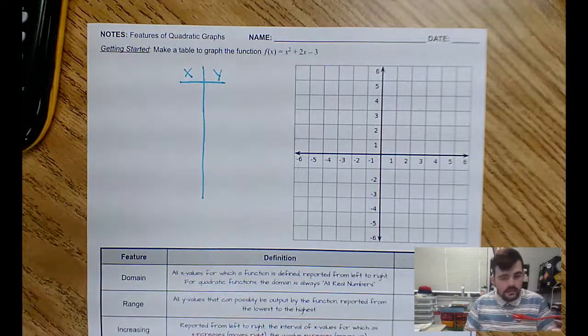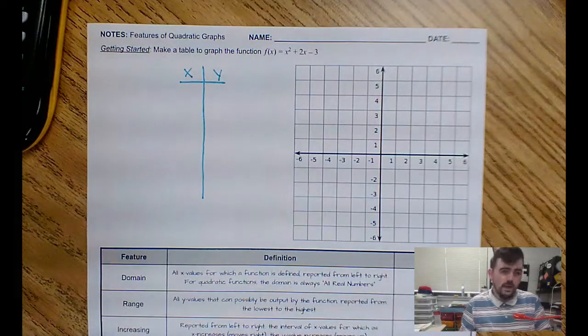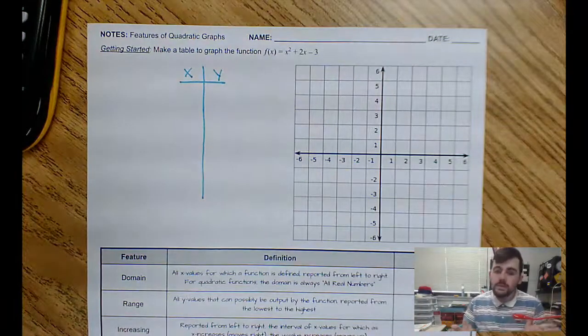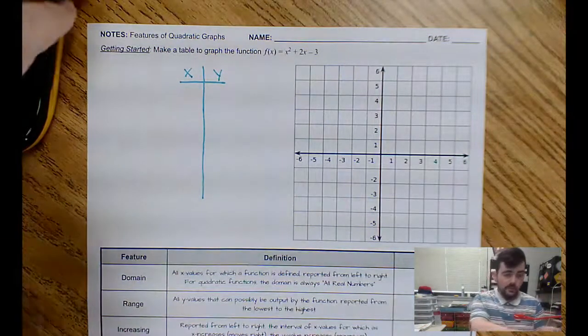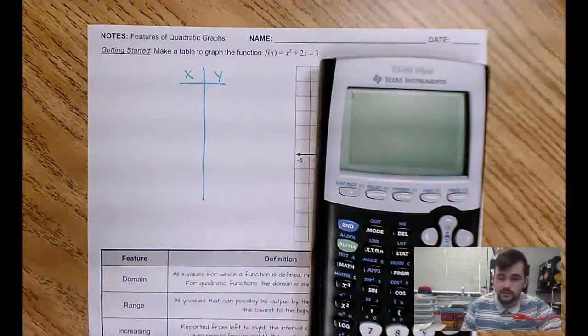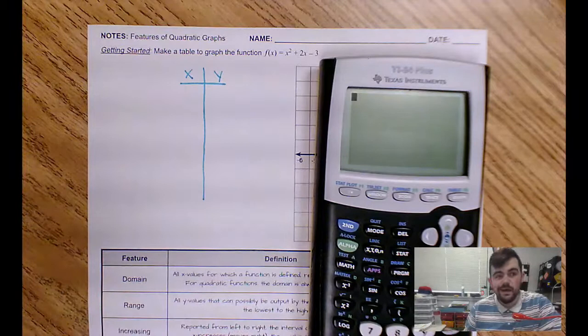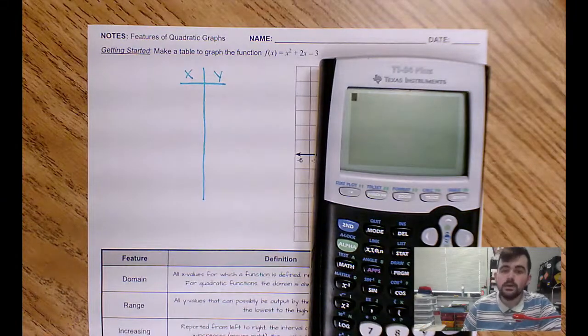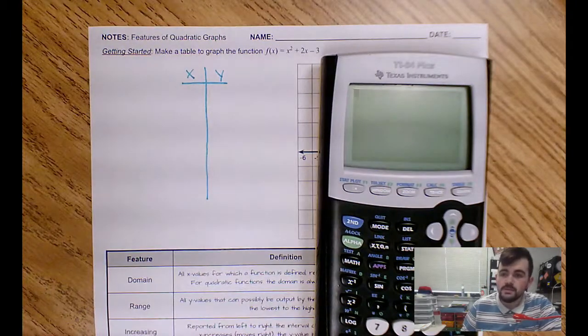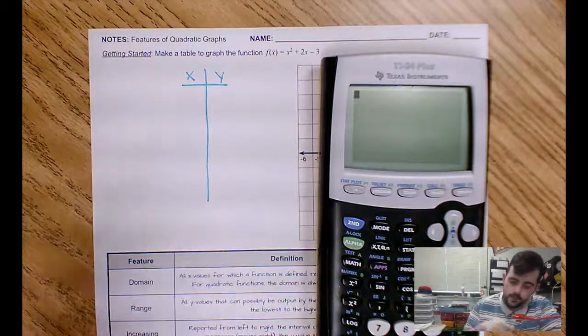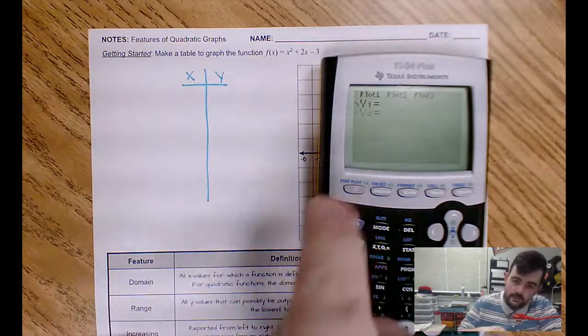But that's going to take a little bit of work. In fact, I don't want to waste a bunch of time doing that. I want to encourage you, anytime you need to graph a function, rely on your calculator because it will give you a bunch of great points and show you kind of how to connect the dots. So, what you're going to need to do first, make sure you have your calculator, that it's on, clear out any nonsense that's already in there, and hit the y equals button.